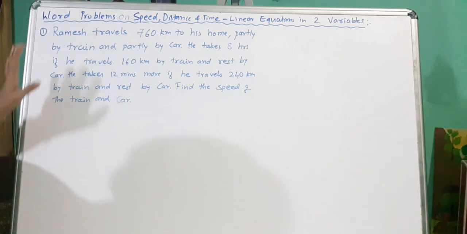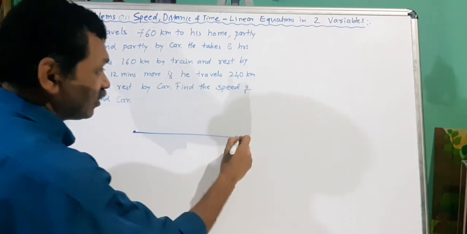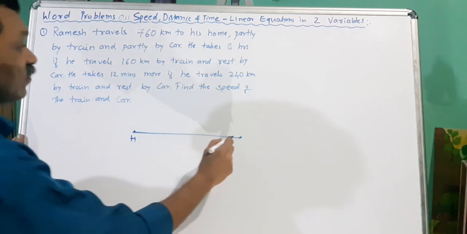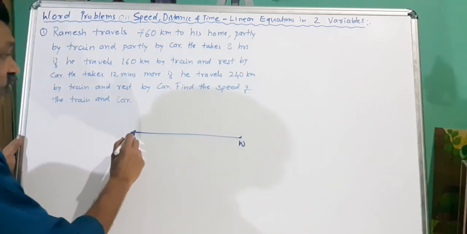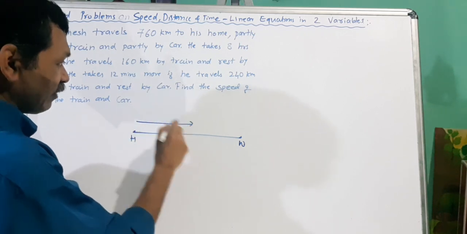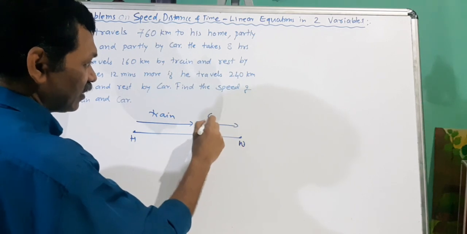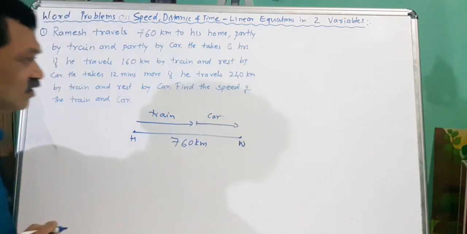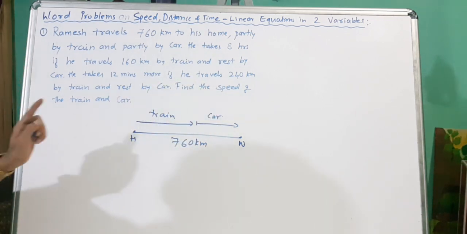So here we have Ramesh who travels 760 km from his workplace to his home. Partly he travels by train and partly by car. Total distance is 760 km. What we are asked is to find the speed of the train and the car.